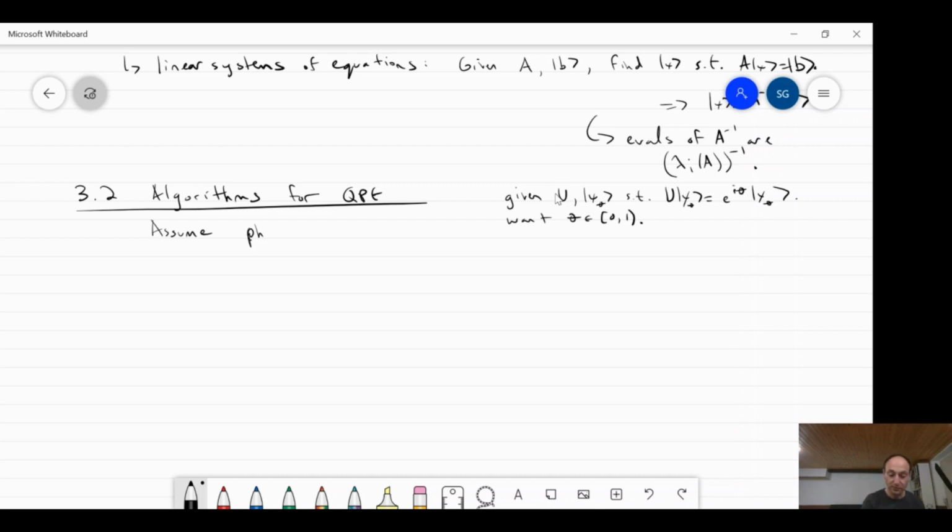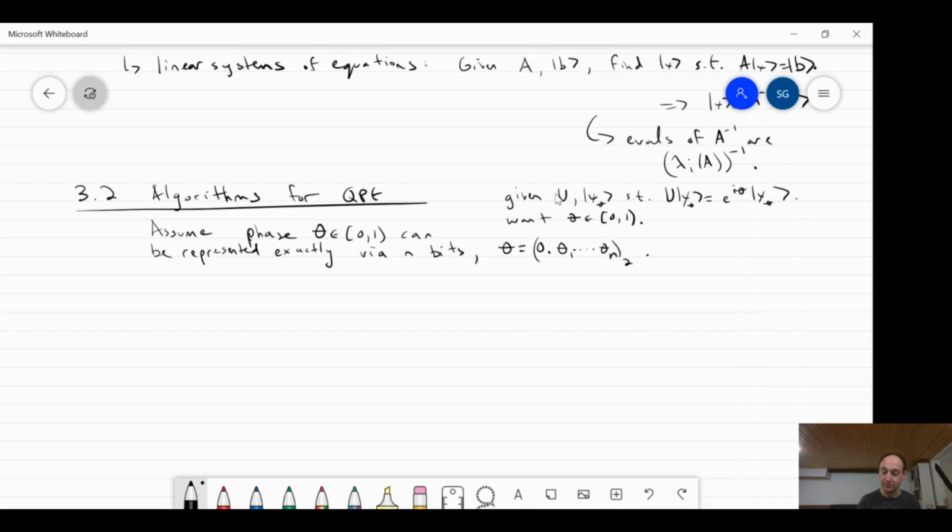Okay, so we'll assume that the phase theta in that range 0 to 1 can be represented exactly via n bits. In particular, what that means is that if I want to write this thing out in binary, it's between 0 and 1, so there's going to be a decimal point involved. It's going to look like theta 1, the most significant bit, through to the least significant bit.